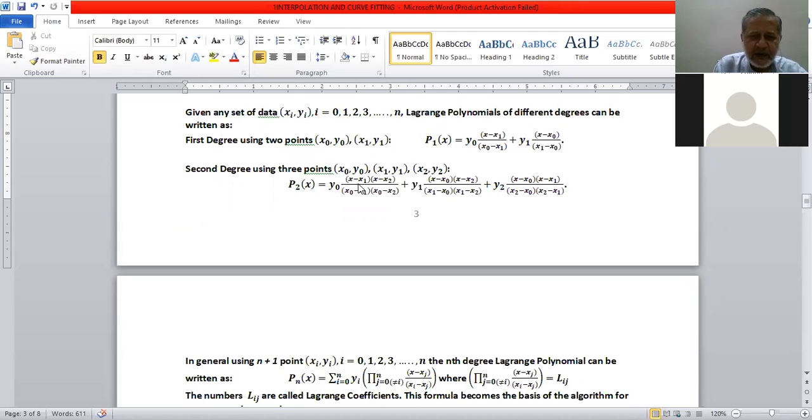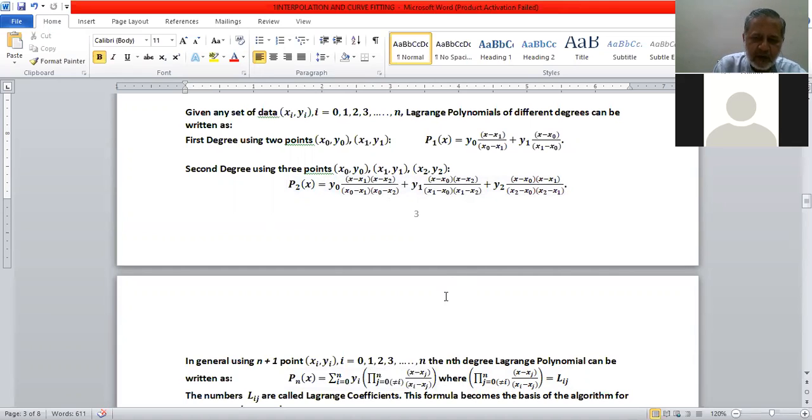Today, I start with the generalization of the Lagrange interpolating polynomial formula. When we use this formula in this course, you can work manually and apply these kinds of formulas.